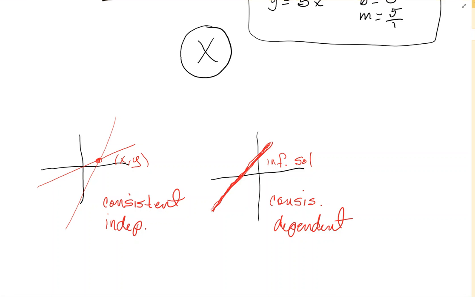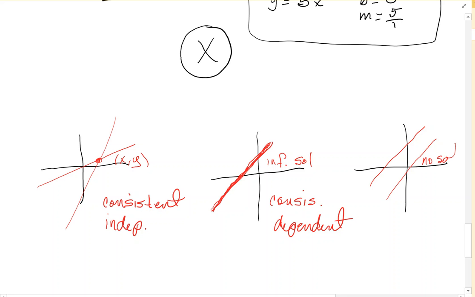And then finally, you can have two lines that when you graph them, you may not realize it when you start, but they turn out to be parallel lines. That means you have no solution. When you have no solution, it's called inconsistent. This is all spelled out in your book.